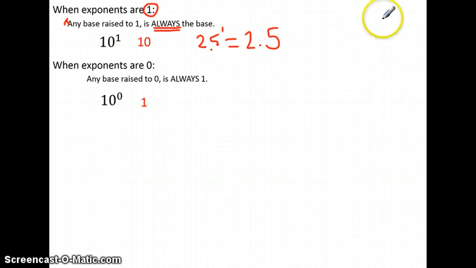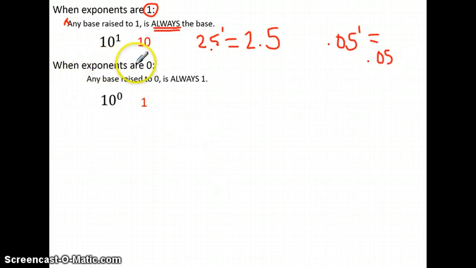So 10 to the first power is going to be 10. 2.5 to the first power will be 2.5, because 2.5 times itself once is just 2.5. 0.05 raised to the first is going to be itself, 0.05.